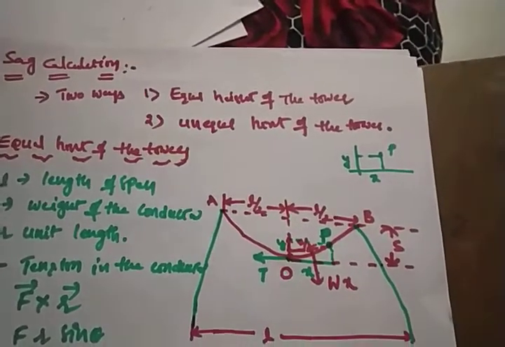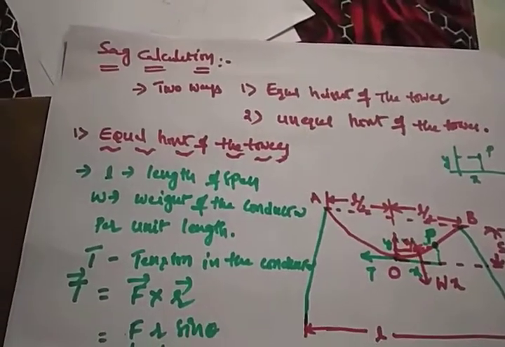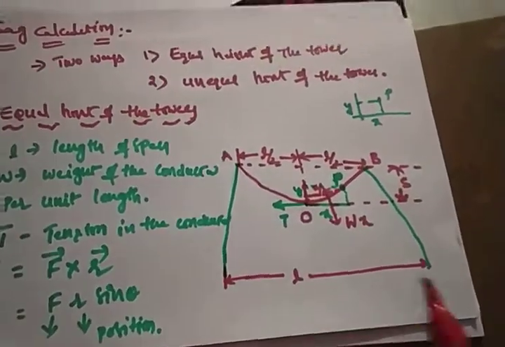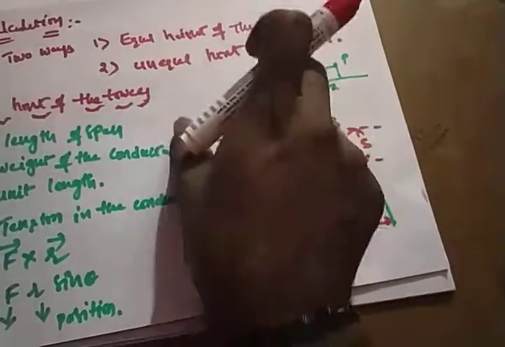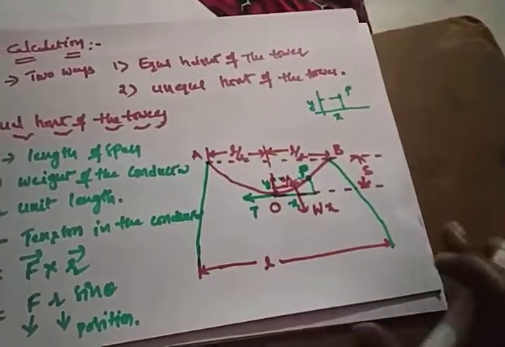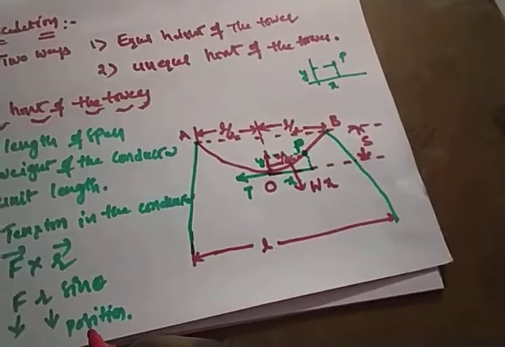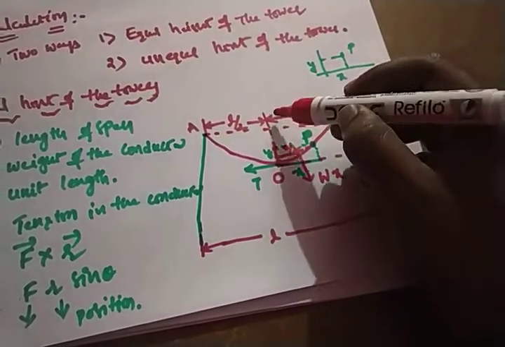You have to find out. First I'm going to talk about equal towers, equal height of the towers. These two towers are equal. The length of the transmission line is L, and the shape is nothing but a catenary or parabola. If you take the catenary, it will be very accurate. So what is the sag? The lowest point we can call O. So what is this value?